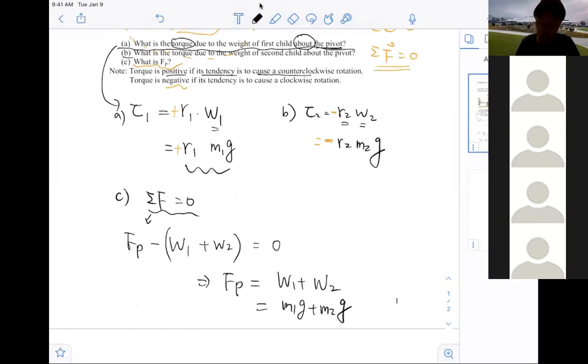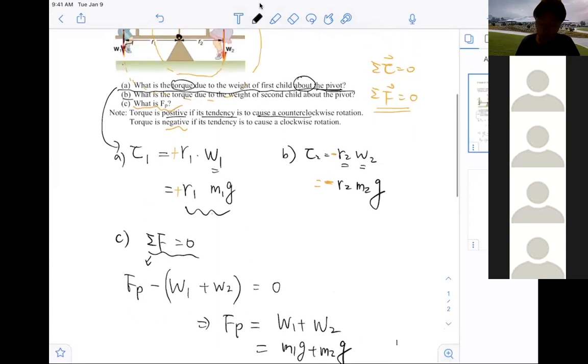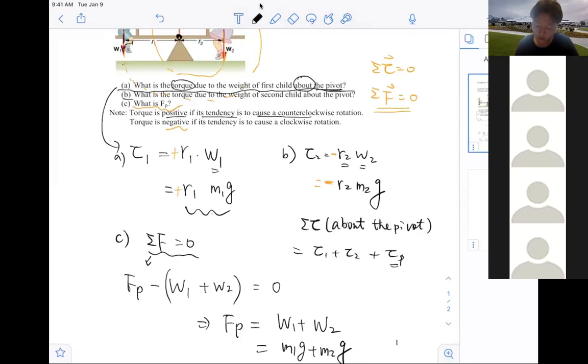Okay. So for the torque equation, you can see that if we pick the pivot point as the point about which we calculate, you only have to think about torque 1 and torque 2. You do not have to think about torque generated by the pivot point. There are 3 forces here, right? Weight 1, weight 2, and FP, but only 2 of these forces give you torque.